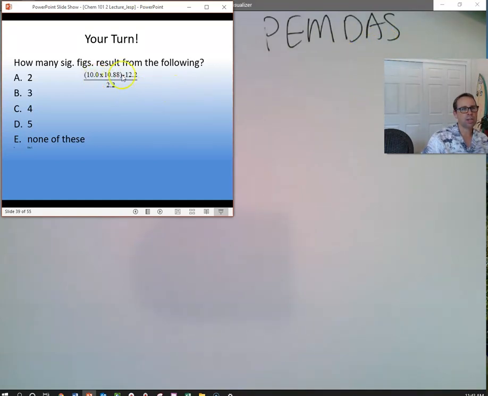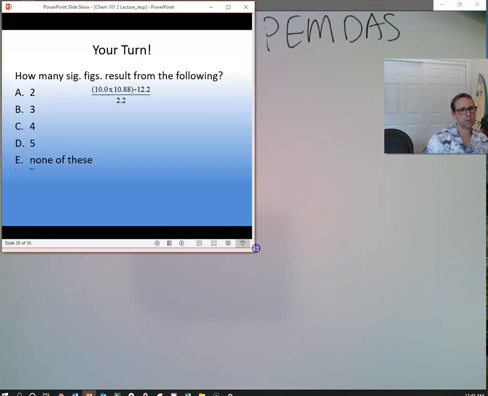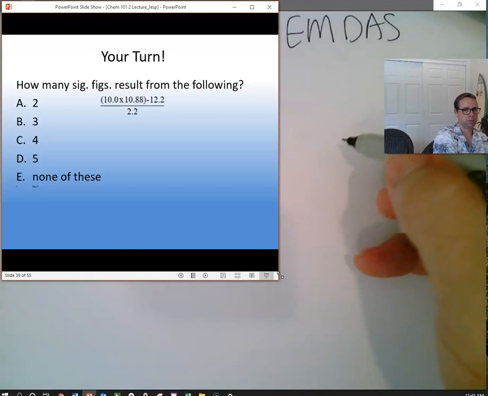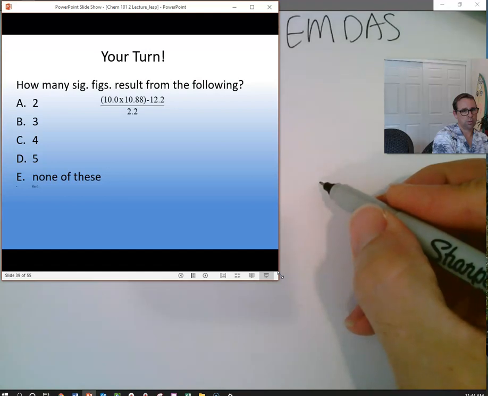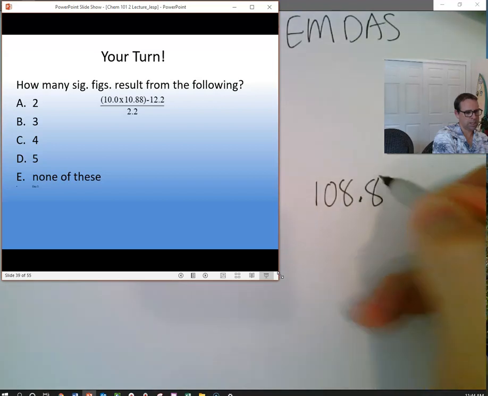So here we do parentheses first. Well, actually in fractions you have to take care of the top before you take care of the bottom. So we do the parentheses first, multiplication there, and then we subtract that 12.2, and then we divide by the 2.2. So can you do that in the calculator for me? 10.0 times 10.88. 108.8.